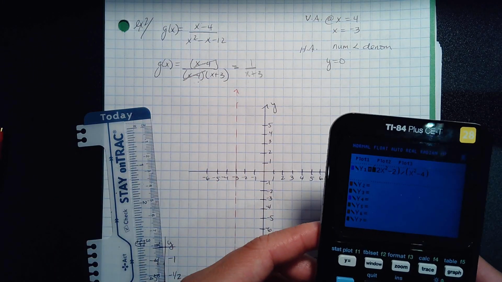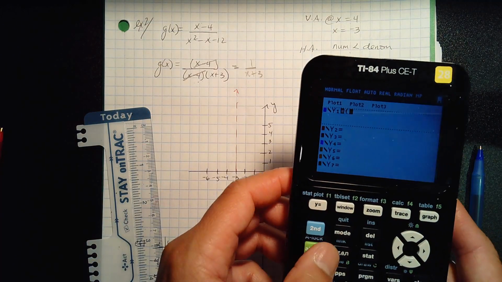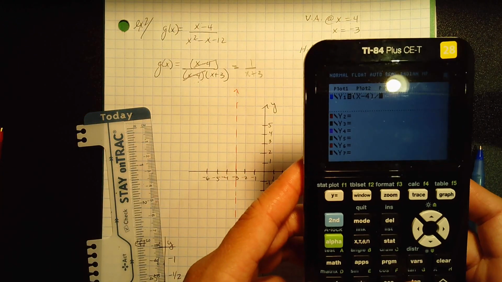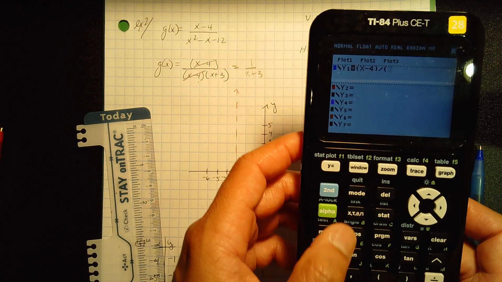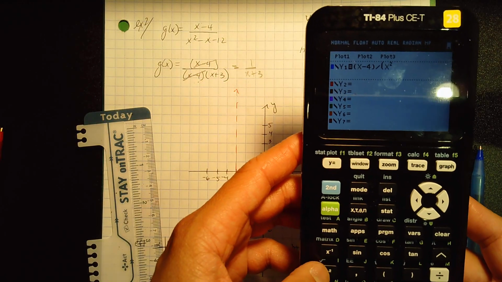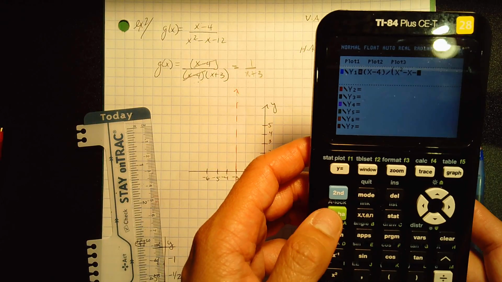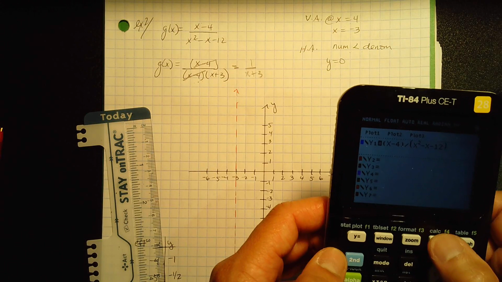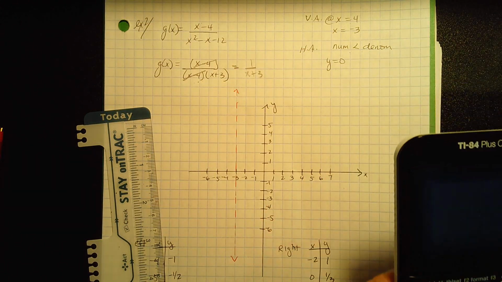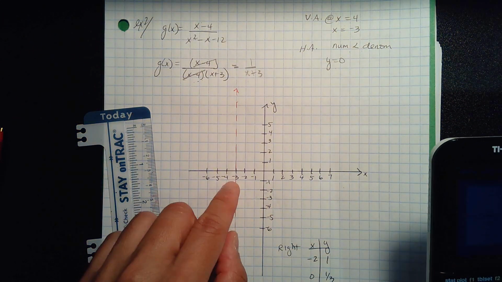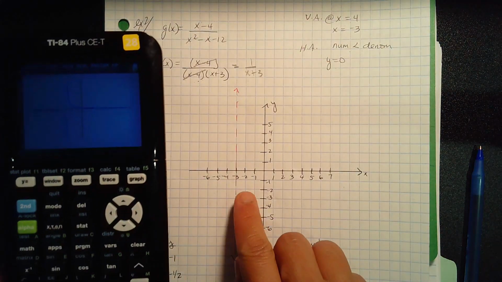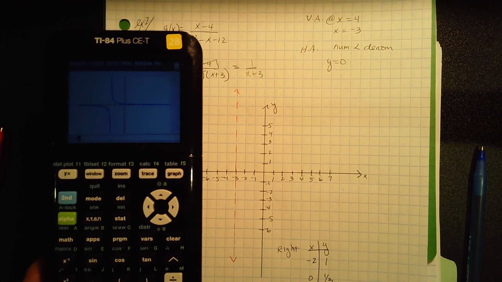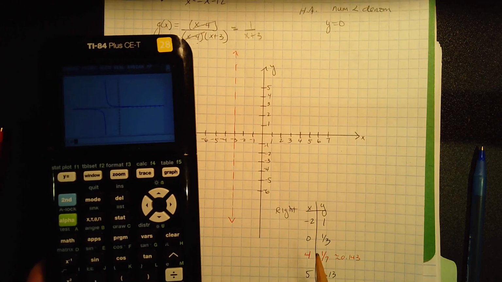So put parentheses x minus 4 close parentheses divided by parentheses x squared minus x minus 12. All right, and then go second trace. You want to calculate a value. So now to the right of negative 3, I chose negative 2. I chose 0. I chose 4, and I chose 5.